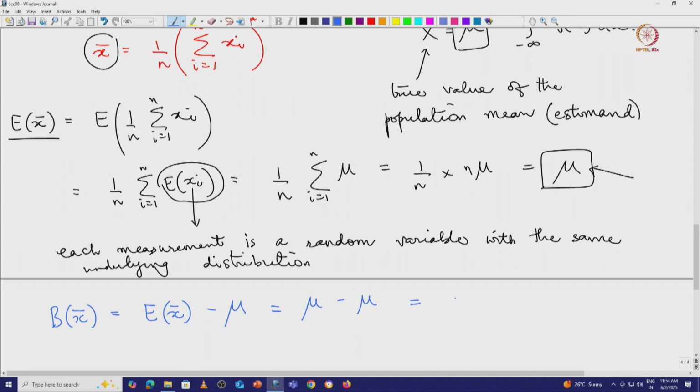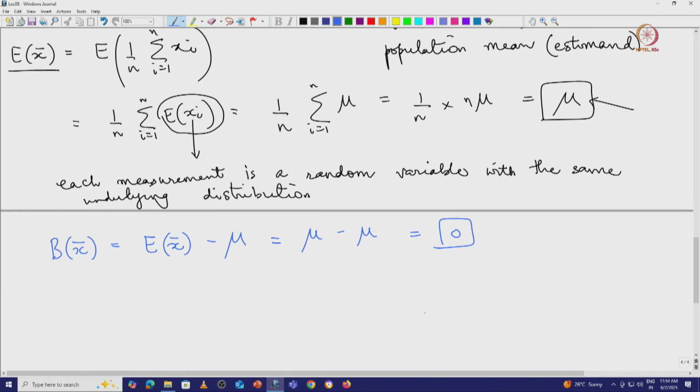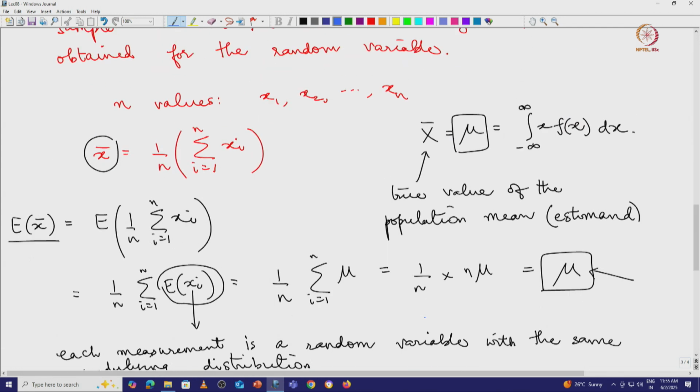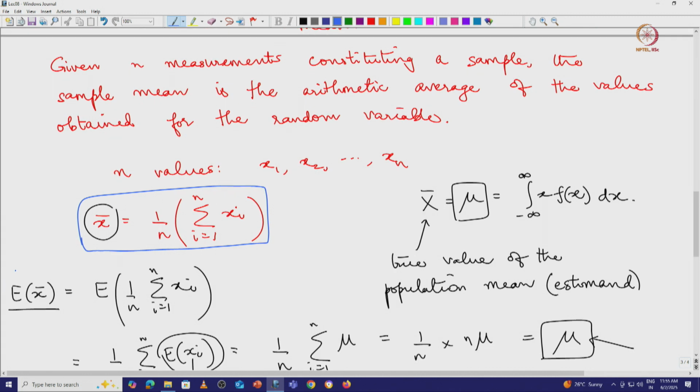So, this makes the bias equal to 0, and that is why we say that the sample mean is an unbiased estimator of the population mean. Okay. So, this sample mean is very useful when we are making inferences about the distribution that is being followed by a certain random variable.